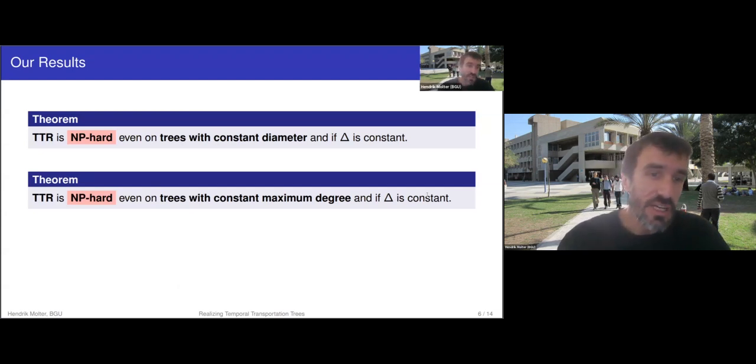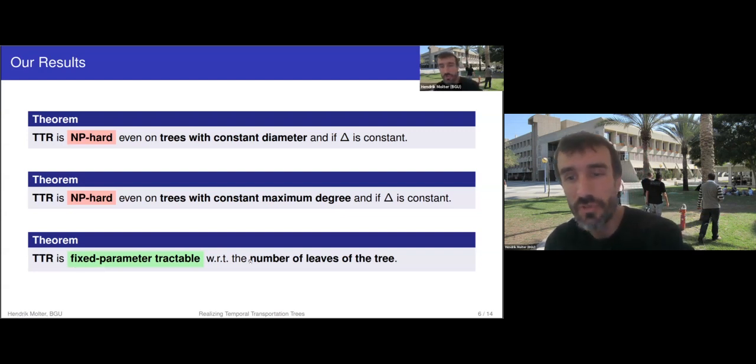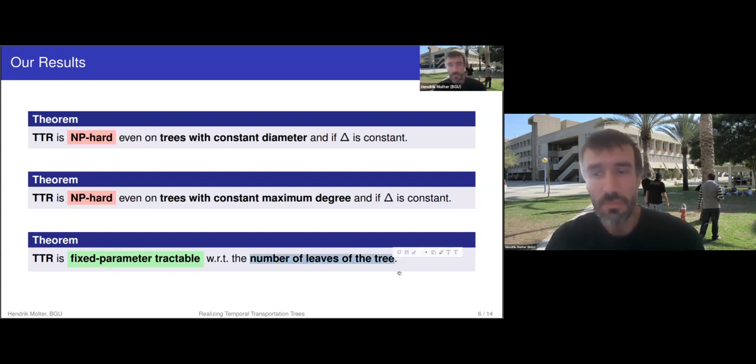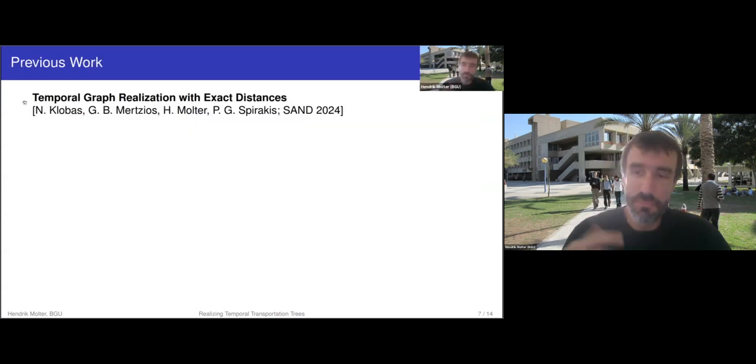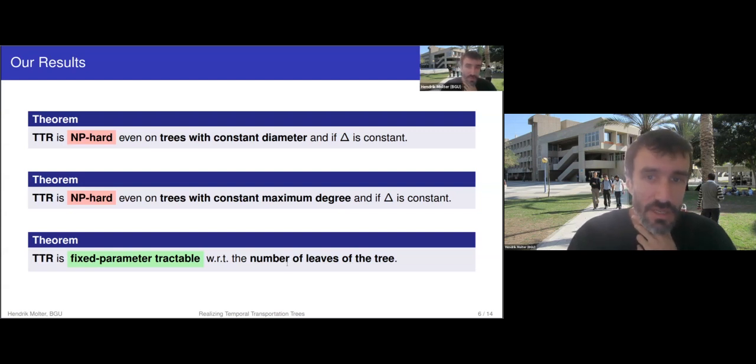On the positive side, we could show that this is fixed-parameter tractable with respect to the number of leaves of the tree, which is also sometimes called the max leaf number, which is also a parameter for general graphs. But here in the special case of trees, it's equivalent to the number of leaves of the tree.